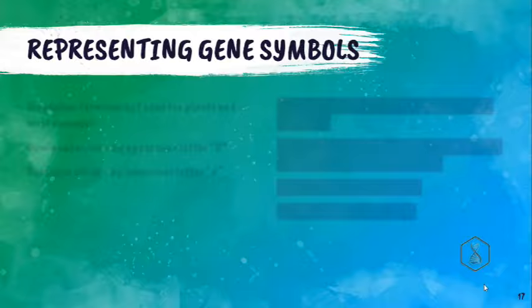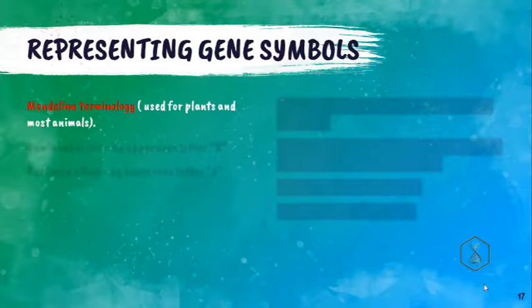Next, let us study how to represent gene symbols. In genetics, there is a conventional method of representing gene symbols. First one is the Mendelian terminology, which is used for plants and most animals. We already discussed that the dominant allele is represented by uppercase letter, for example, capital D, whereas the recessive allele is represented by lowercase letter, for example, small letter d.